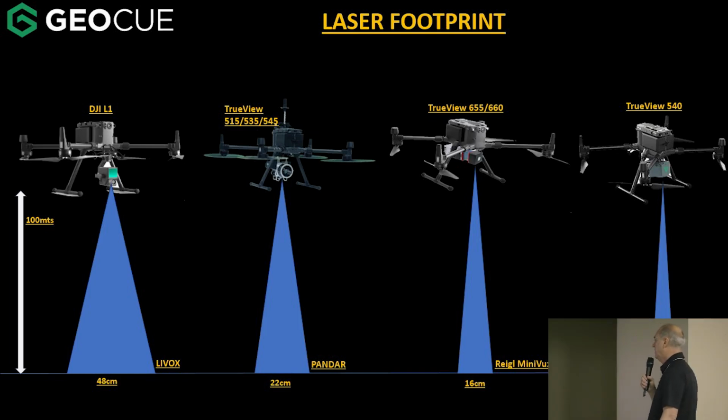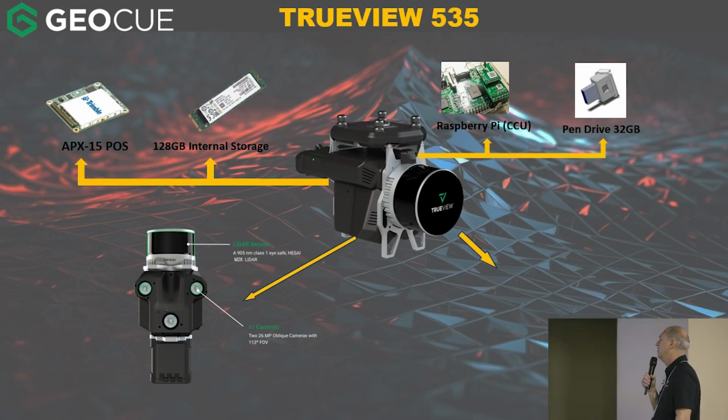And we have a new sensor, the TrueView 540, where you can see the footprint is really amazing. So this is one of the other sensors that we really recommend for this kind of job, right? This is a really, really nice sensor. It has had a lot of success in Brazil as well, in Latin America.